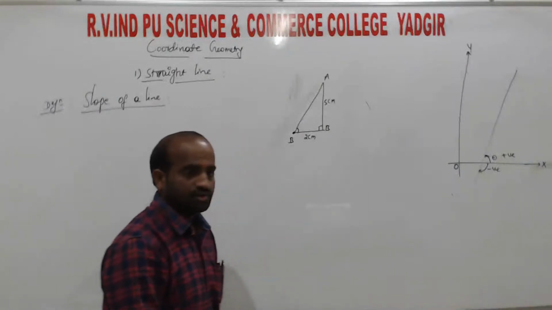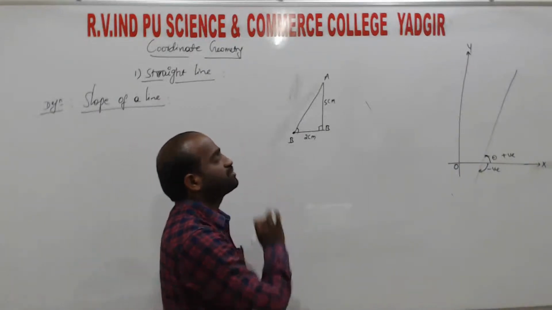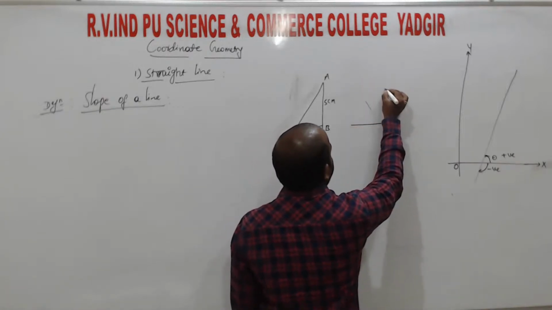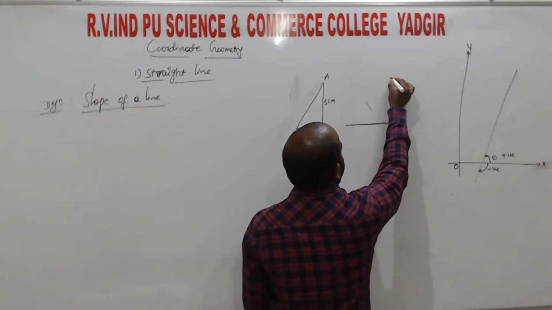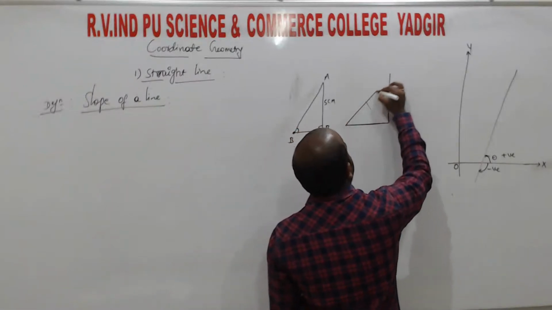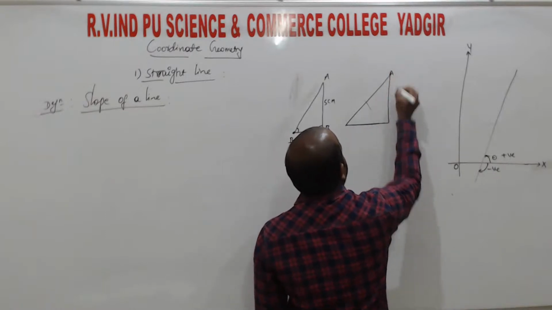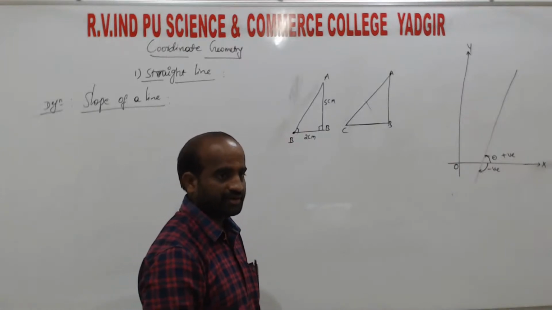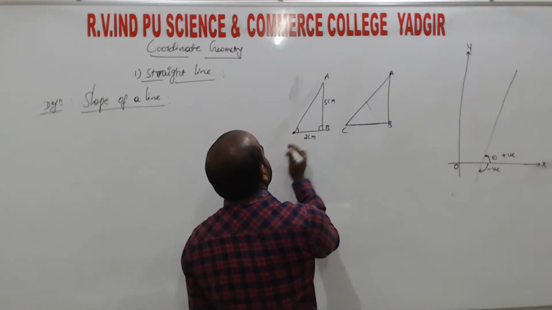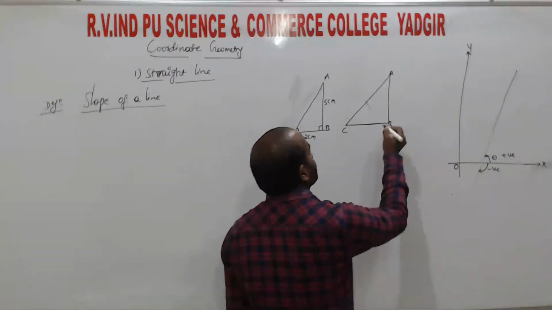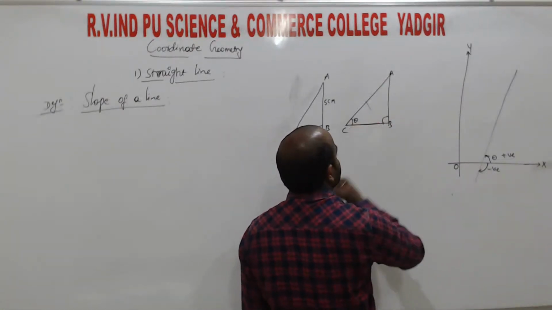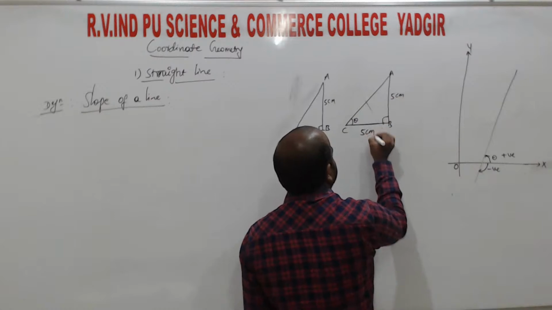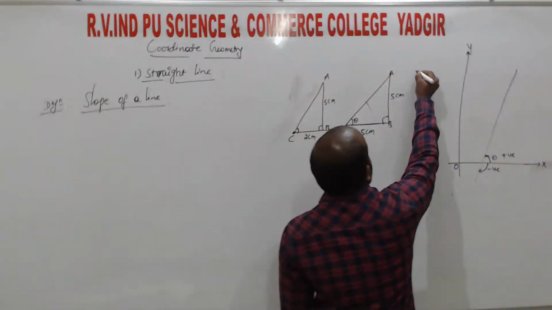AB side is 2 centimeter, this one is 5 centimeter. How to find the slope of a line, m equal to tan theta? Now this one is also the same angle. This one is 5 centimeter, this one also 5 centimeter, for example.